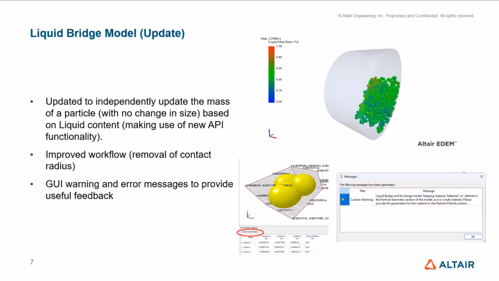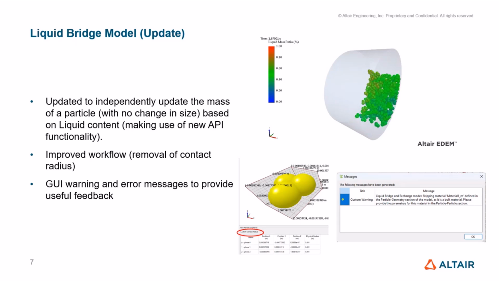Additional to that is using yet more API functionality. I think it was 2025.0 where we added the preserve contact functionality. The idea is that up until now, you've always needed contact radii to overlap in order to register a contact in EDEM. There's now a way that you can flag a contact to exist even when particles are a long way apart, and this can speed up simulations where you don't need to use the contact radius anymore.